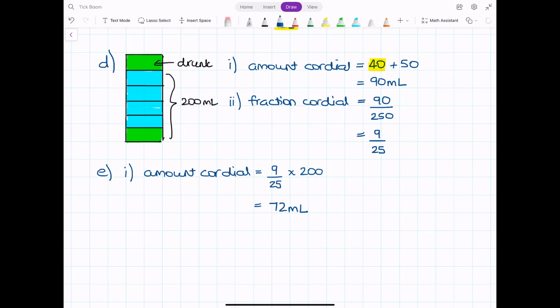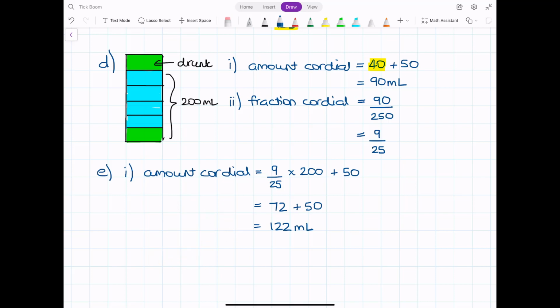But what's happening in this process is, of that 72 mils, we then add the 50 mils that we top up when Lynn realizes it's not strong enough. So we end up with 72 plus the 50, and if we put that into our calculator, we get 122 is the total amount of cordial that remains once that whole process is carried out.